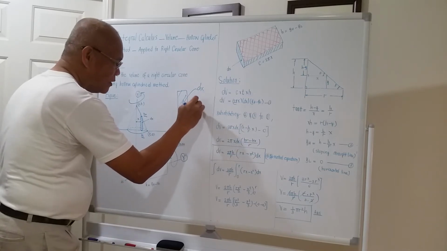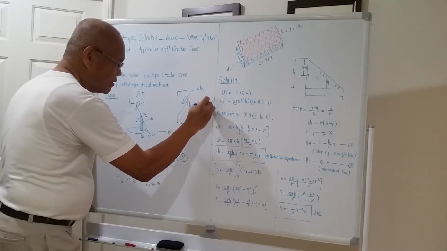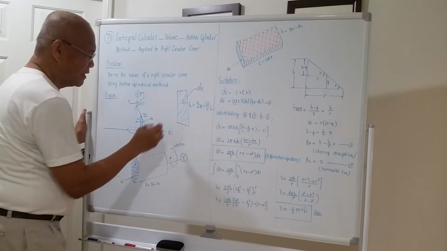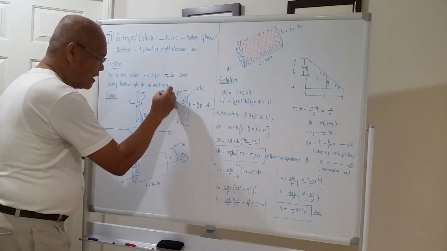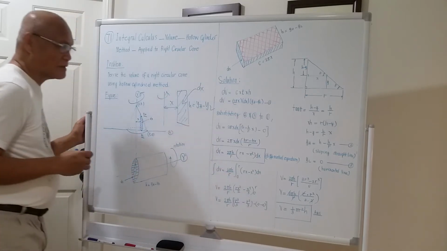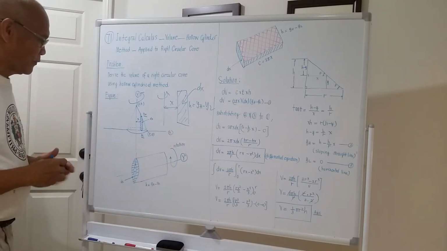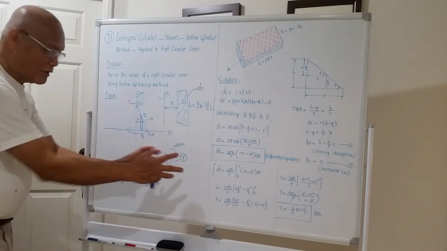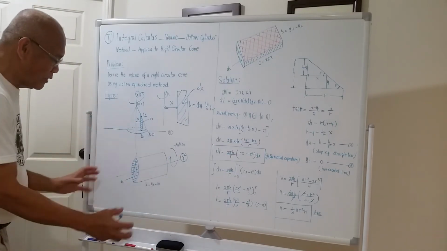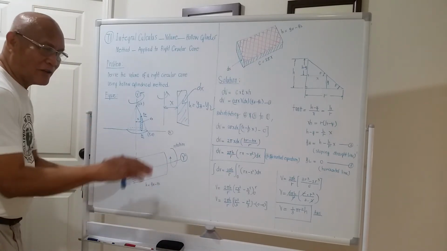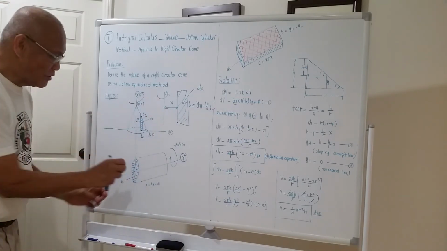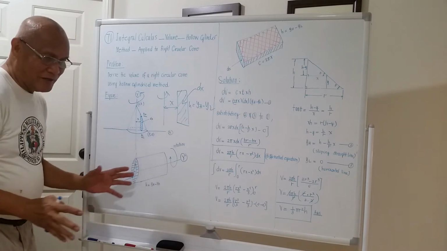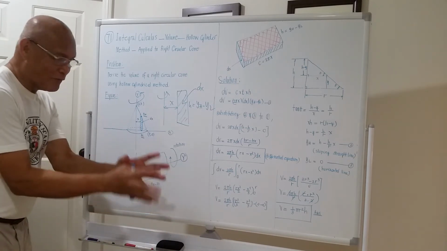The height will be y higher minus y lower. And its distance from the axis of rotation is x. If we bring out the configuration on the isometric view, it should be something like this. It's just like a hollow drum, a drum with a certain thickness, but there's a hollow in the middle.